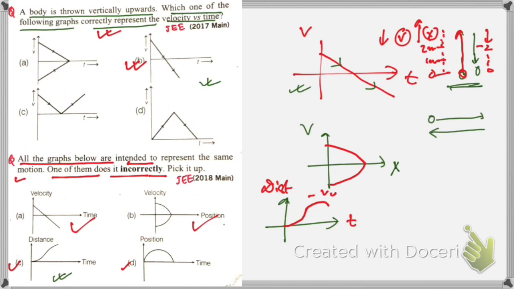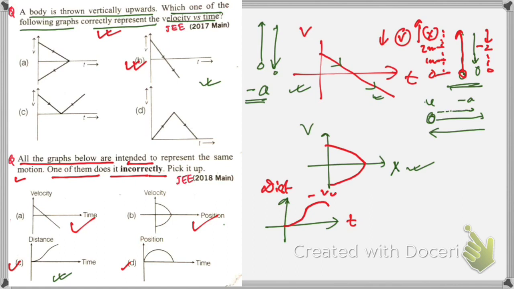In the first two cases, if an object is vertically thrown and it is coming down, that means the acceleration should be negative. It is because when something is moving with an initial velocity and the velocity is continuously decreasing, then acceleration will be negative.